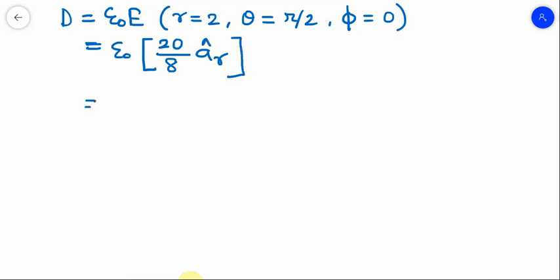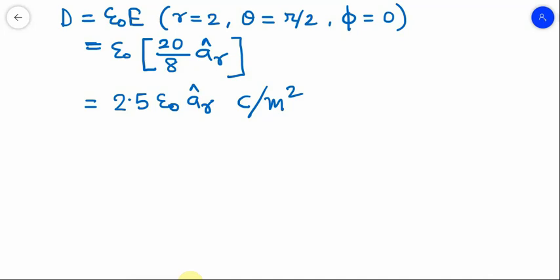So here 20 upon 8 is 2.5, times epsilon 0, and the direction is along the r direction. And what is the unit of D? D is coulomb per meter square. Okay, fine. So in this way we can find it.